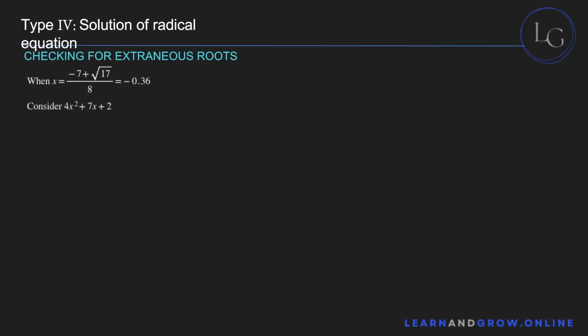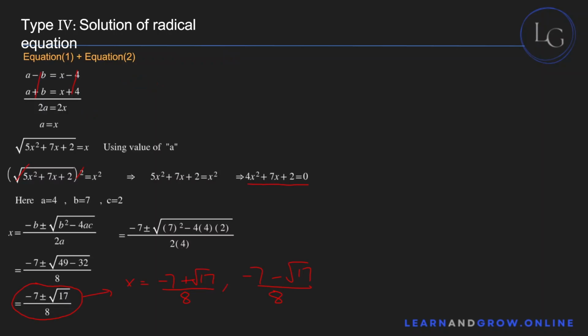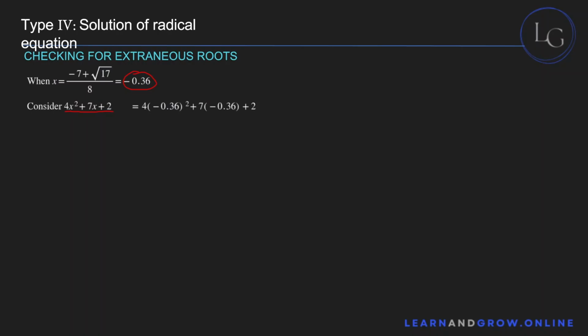Well, over here you can actually find the extraneous roots by using the values of x that you found and putting them directly in the equation given in the question. But it's much easier if you actually use this particular expression that you found earlier. You need to check if this is actually equal to 0 if you apply the values of x you found.